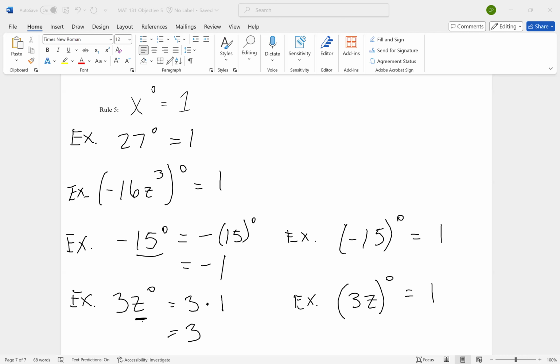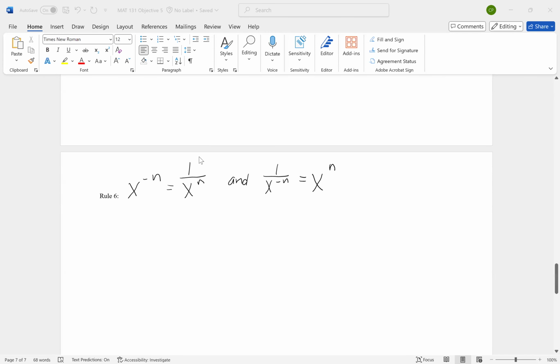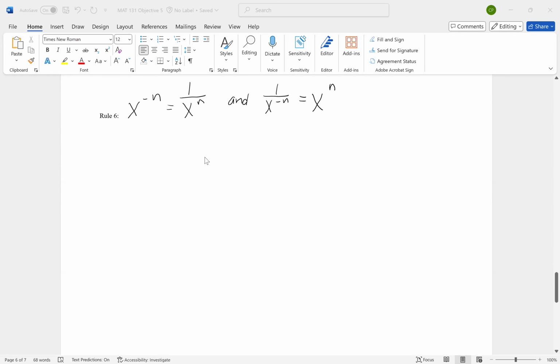Now we need to look at rule number 6. Rule number 6 is going to involve fractions again. And the important thing to remember about rule number 6 is that we do not want to have a negative exponent, okay?